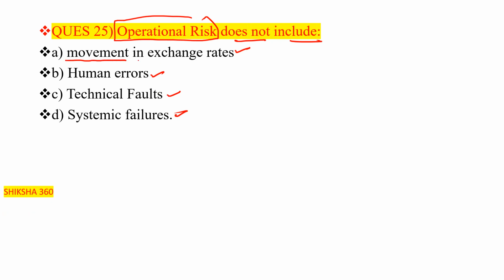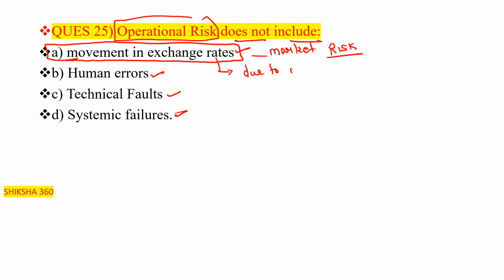Movement in exchange rates is related to market risk, because it happens due to market conditions, not due to operational risk. So option A is the answer here, and operational risk does include human errors, technical faults, and systematic failures.